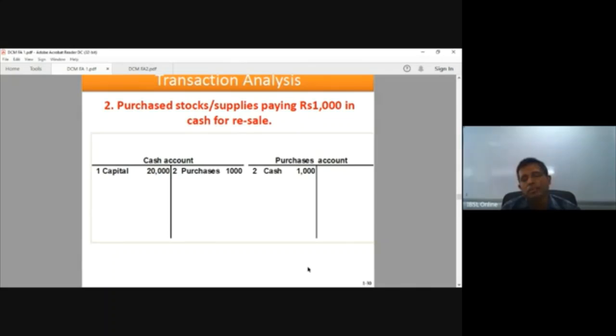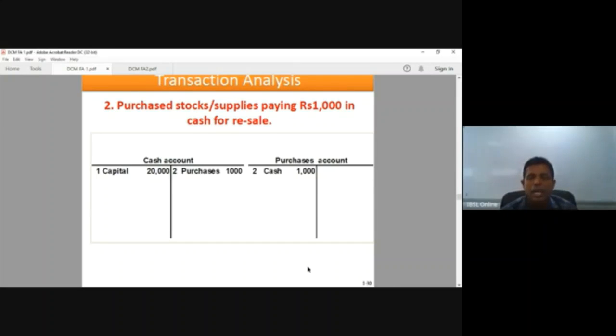When you purchase, your expenses will get increased. That's why we debit the purchase account.